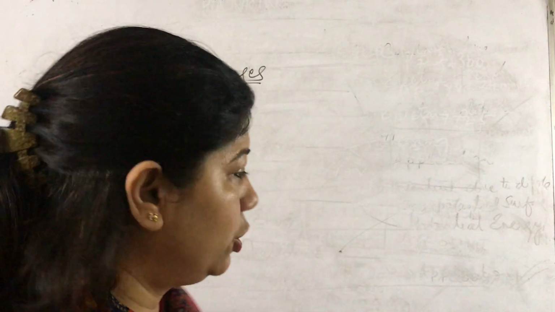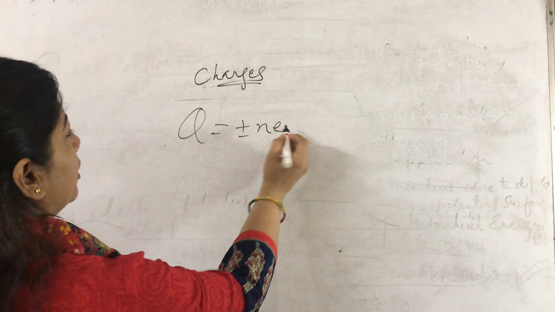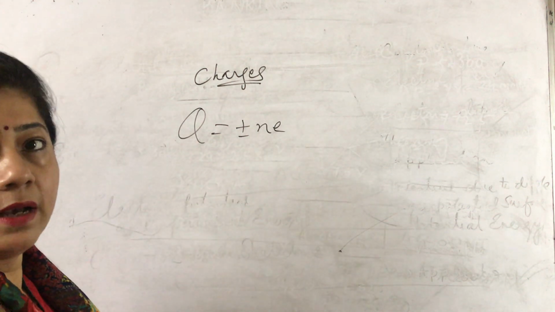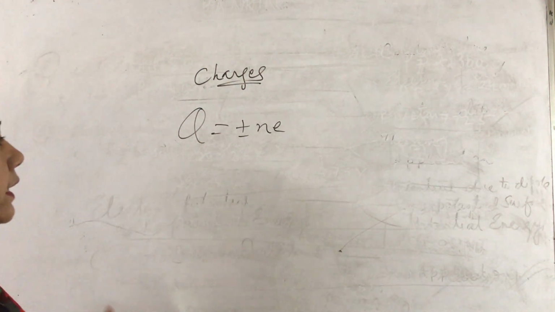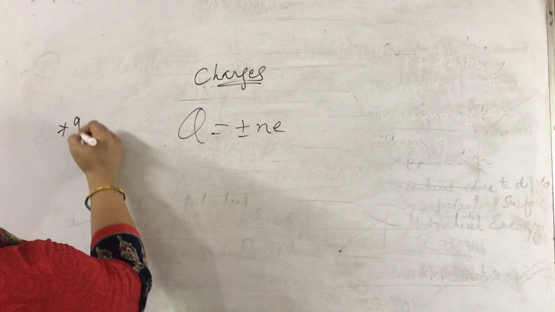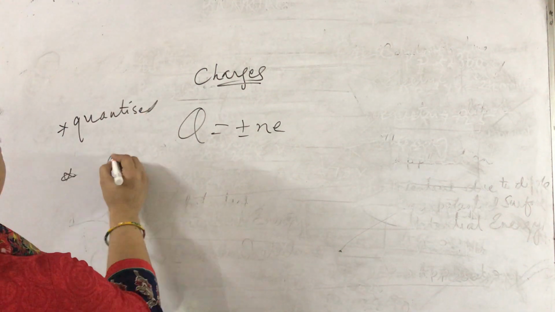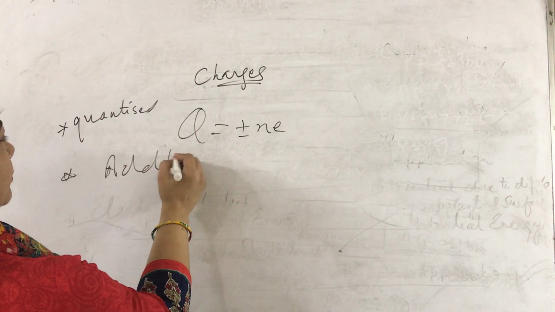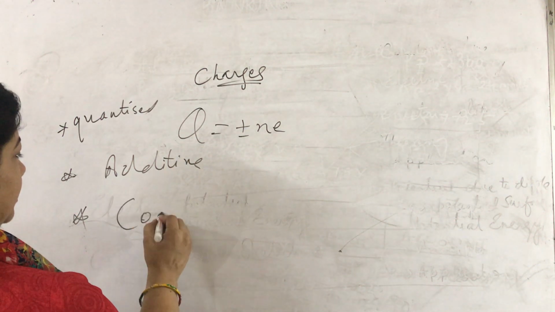Quantized means you can write Q equals plus or minus N E, where N is an integer and E is the charge of the electron. Second thing, it is additive. The most important thing is that it is conserved.